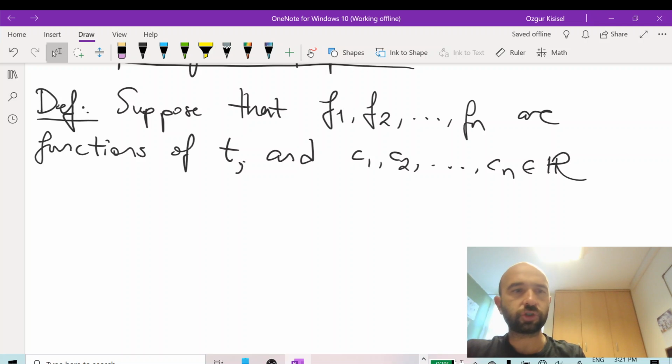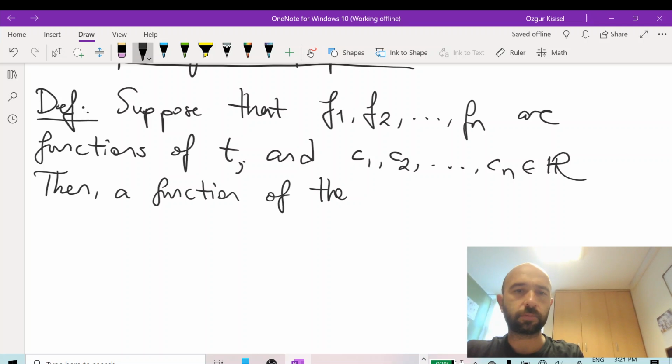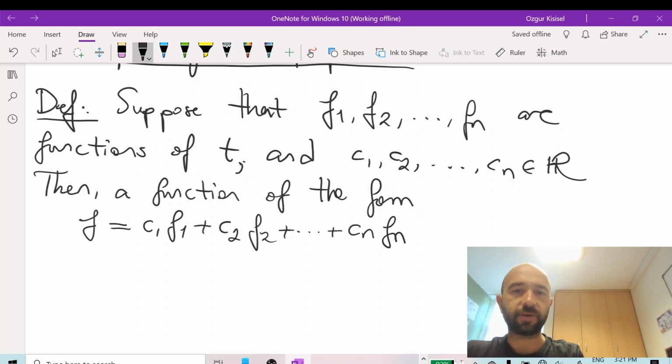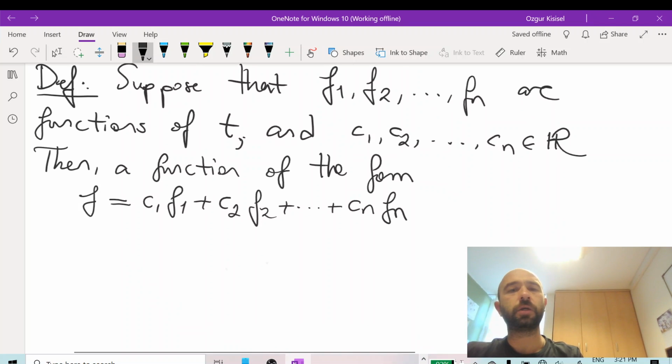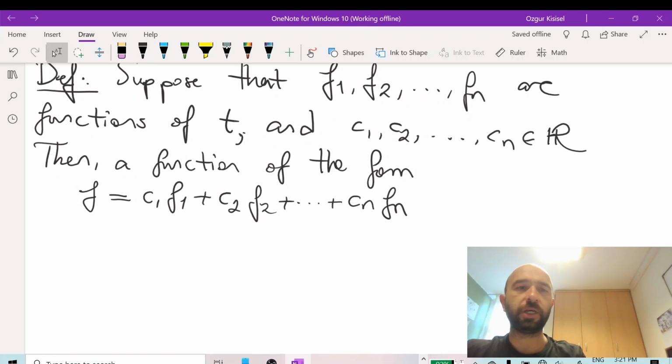Then a function of the form f equals c1 times f1 plus c2 times f2 plus so forth, cn times fn, is called a linear combination of the functions f1 through fn.